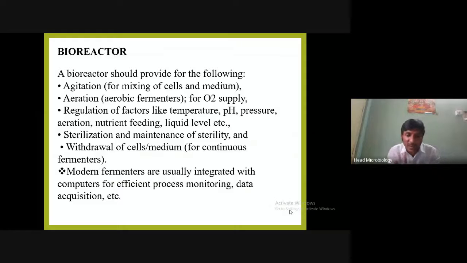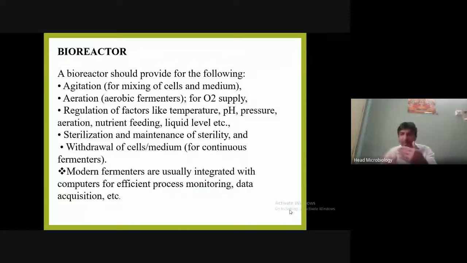In our fermentation process, agitation is the proper mixing of cells and medium.